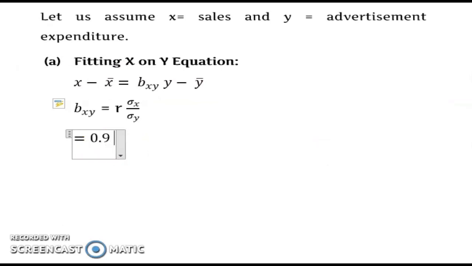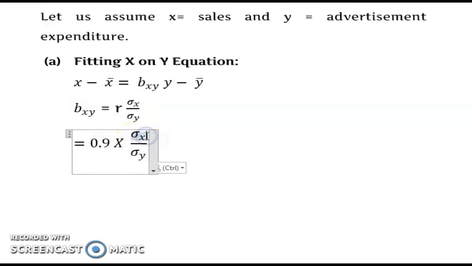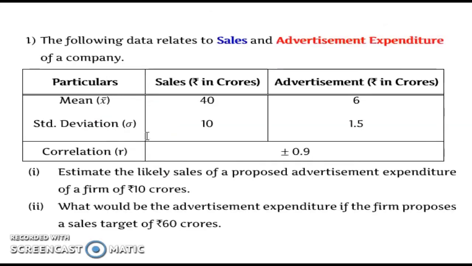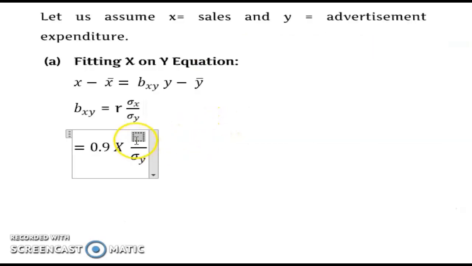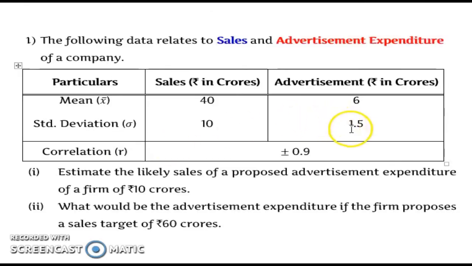Standard deviation of x, which is sales, is 10 crore, so I'll write 10, expressed in crore, and standard deviation of y is 1.5.